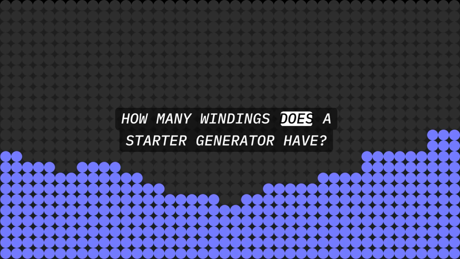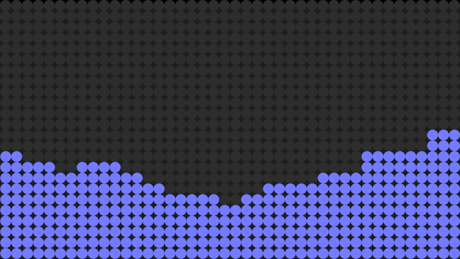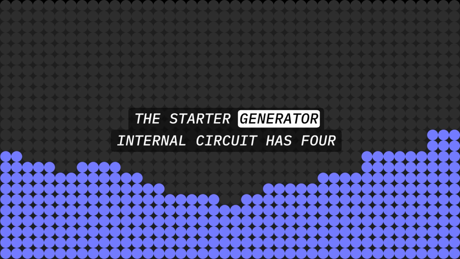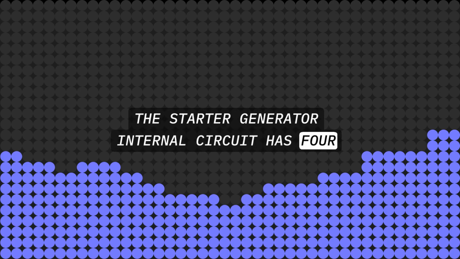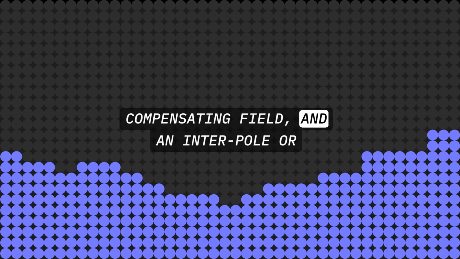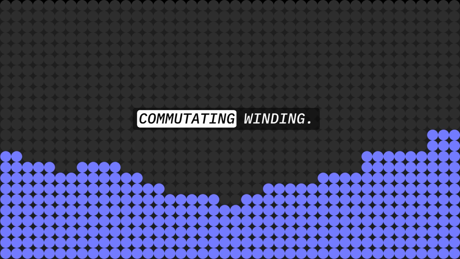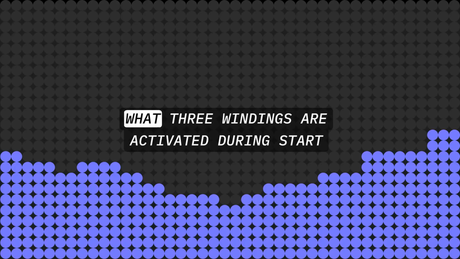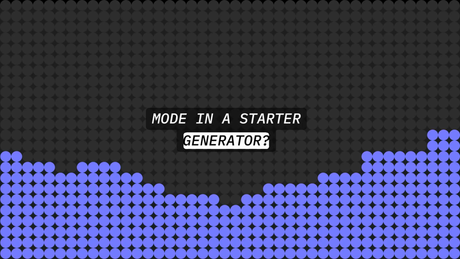How many windings does a starter generator have? The starter generator internal circuit has 4 field windings: a C field, a shunt field, a compensating field, and an interpole or commutating winding. What 3 windings are activated during start mode in a starter generator?